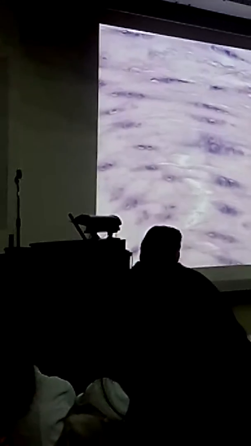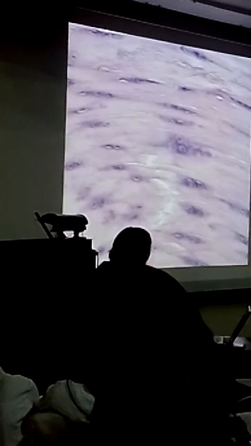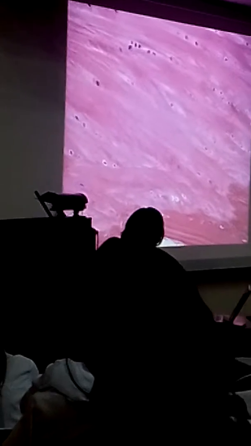This is still a sample of the fibrocartilage. So you can see the chondrocytes in this close-up view, and the amorphous matrix. And then there are some flattened nuclei. What are those?